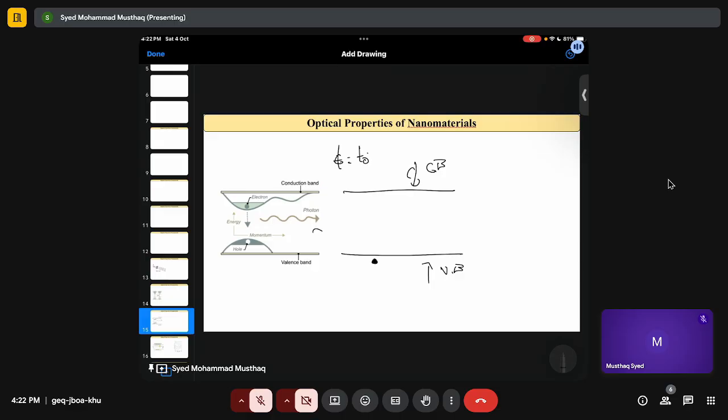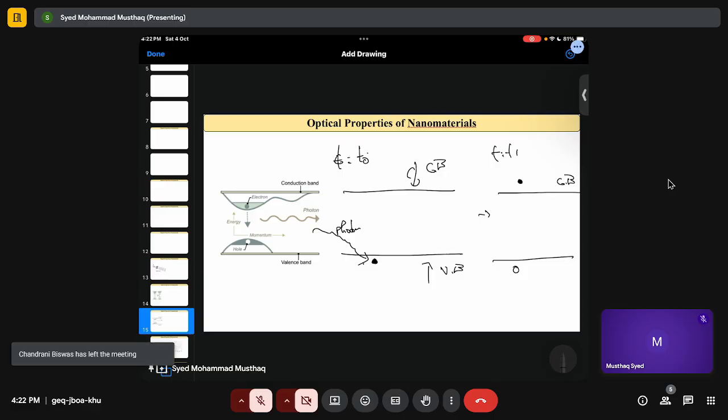Now the photon falls on it at time t equals t1. The electron has jumped into the conduction band by absorbing that photon. Now there is a hole. We have long studied semiconductor physics, so whenever an electron comes out from an orbital, we will have a hole there, right? And that is in the valence band.